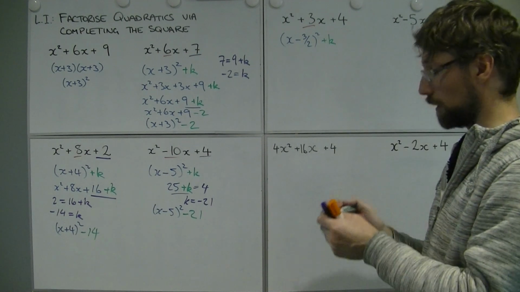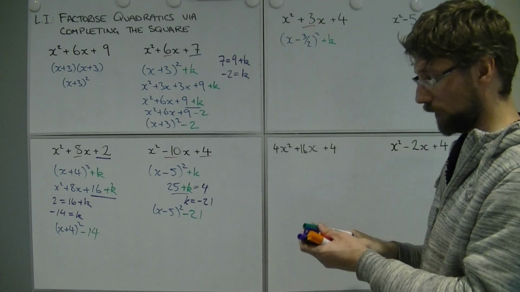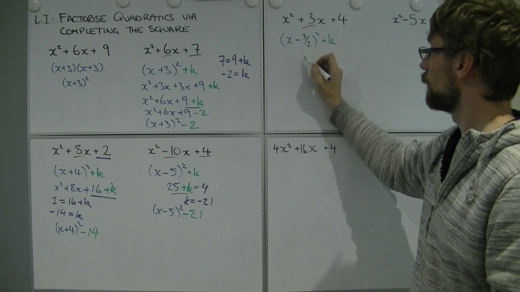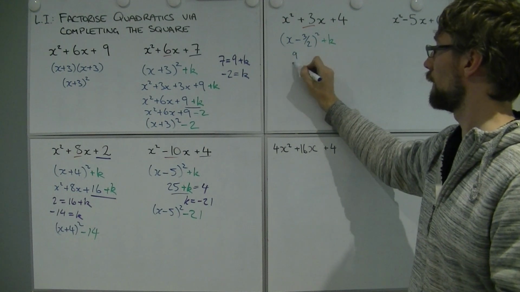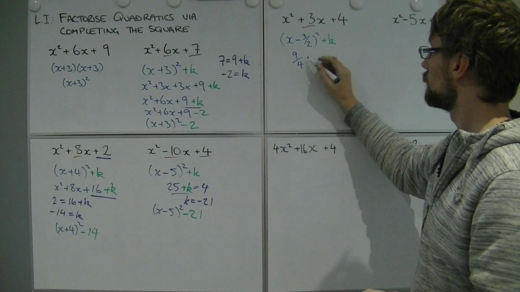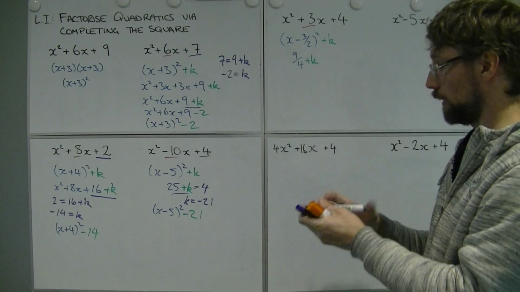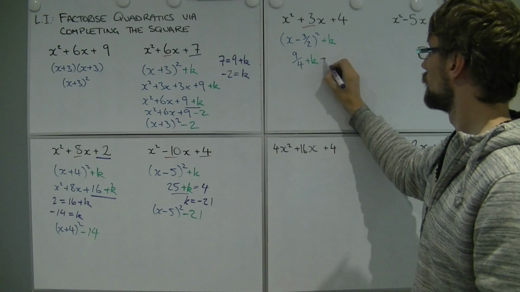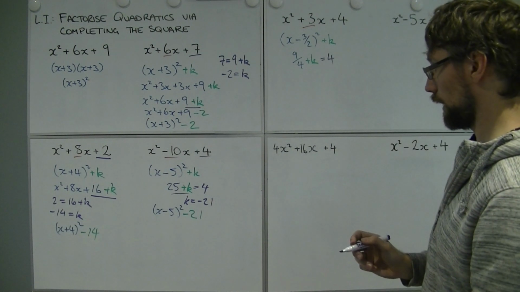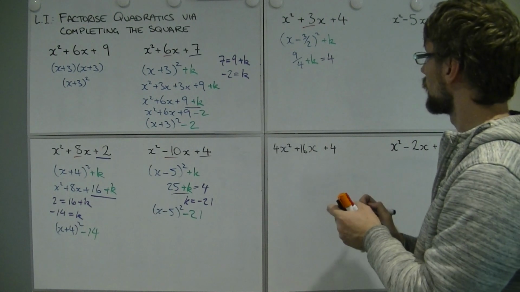And this is where it saves us a bit of time. We're not going to bother to write out these first two again. We're just going to square this. Well, that gives me 3 squared, 9, over 2 squared, 4, plus unknown k has to equal 4. Is that the colouring scheme? Yep, that's the colouring scheme I got. Great. Okay.